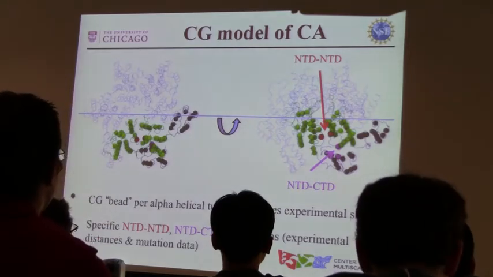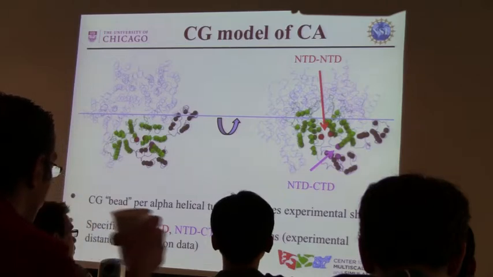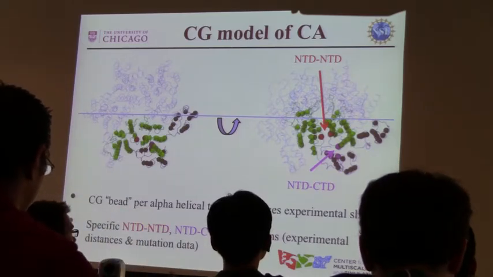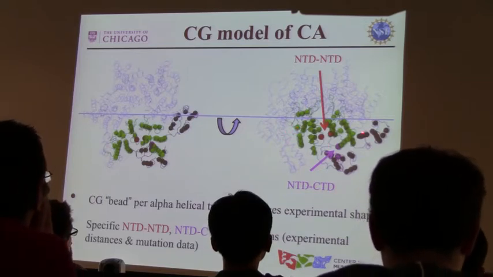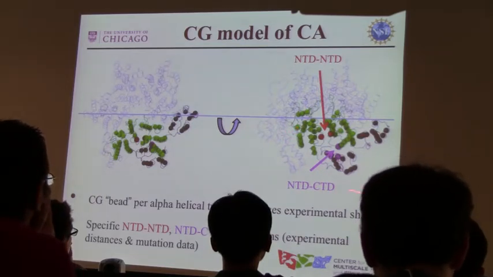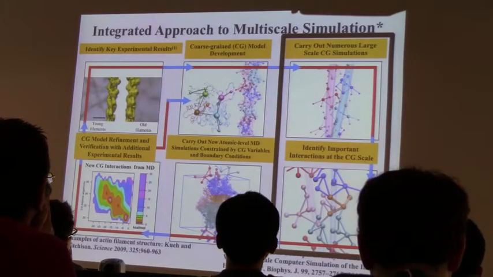So short range stuff that's just packing is very, very short range. You just need to know about your neighbors. But if it's an attraction, it's just like water. You have to sum over tons of pieces. And so we minimize the number of attractions to just be between the N-terminal and C-terminal domains in a simplified way.